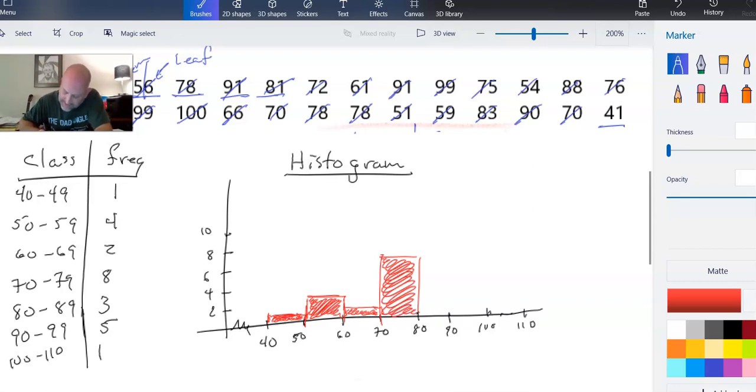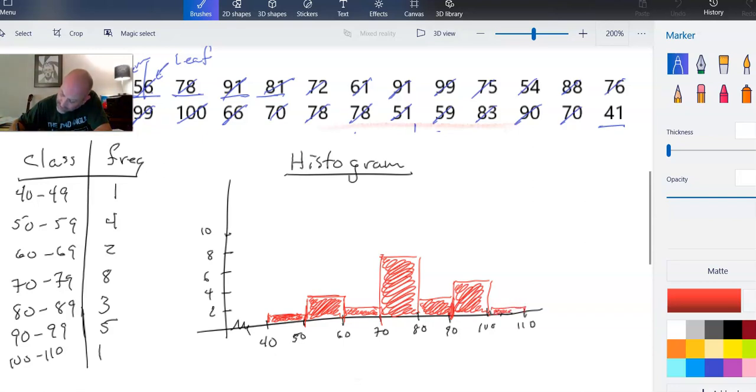And then from 80 to 89, we have 3. So that's going to be somewhere in here, right? I'm trying to make the width correct. From 90 to 99, we have 5. That's actually not too bad, is it? And then 100 to 110, we have 1, right? One little guy here.